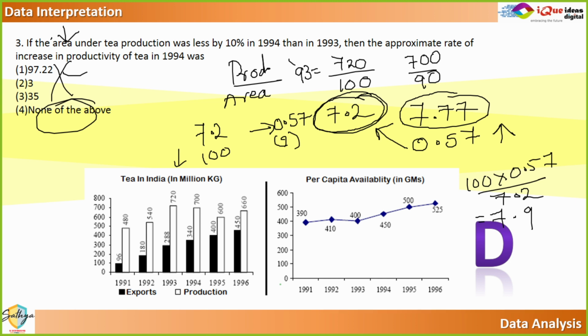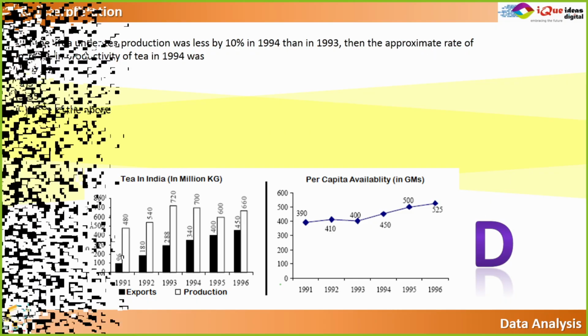So option D. The answer is not 5.57. Percentage wise, the answer is 7.9, but that is not in the options given. So none of the above. Are we together here? Hope everybody got this one. Right. Next one.